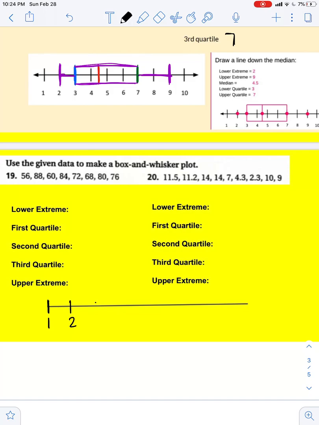So we'll say 1, 2, 3, 4, 5, 6, 7, 8, 9, 10, 11. And we will actually go to 12.